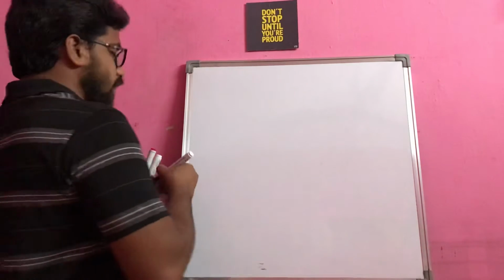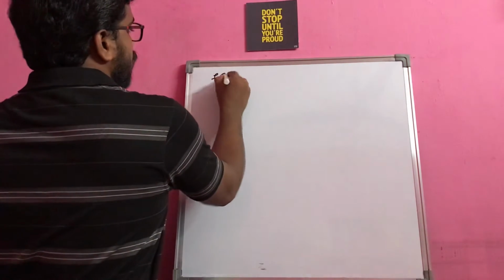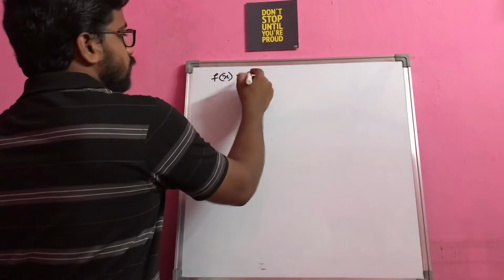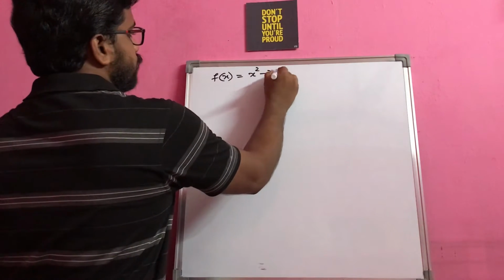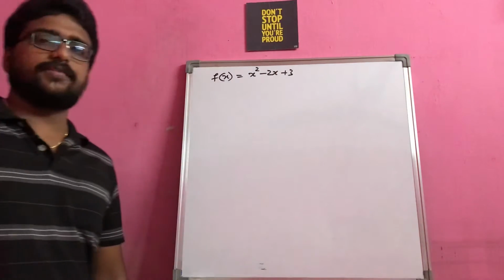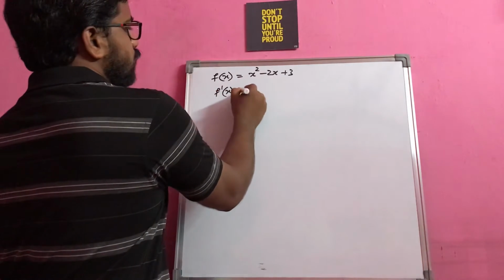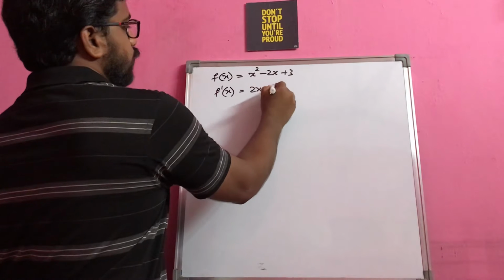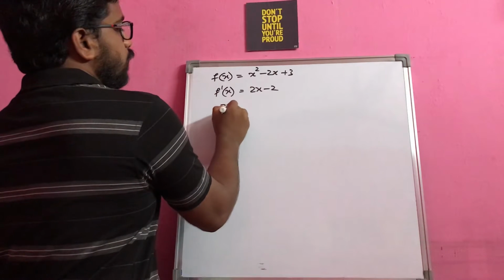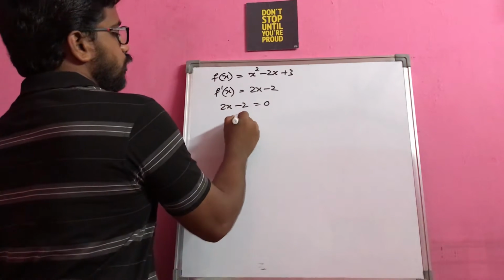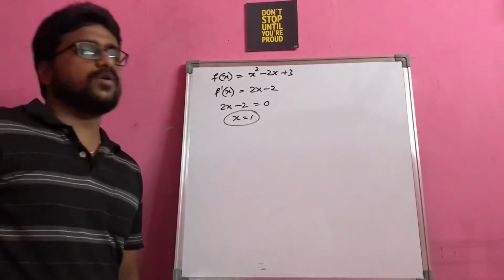So see, for example, if I have a function f of x equal to x square minus 2x plus 3. What you will do, obviously, is find f dash of x, which is 2x minus 2, and equate f dash of x to 0, so you get x equal to 1.